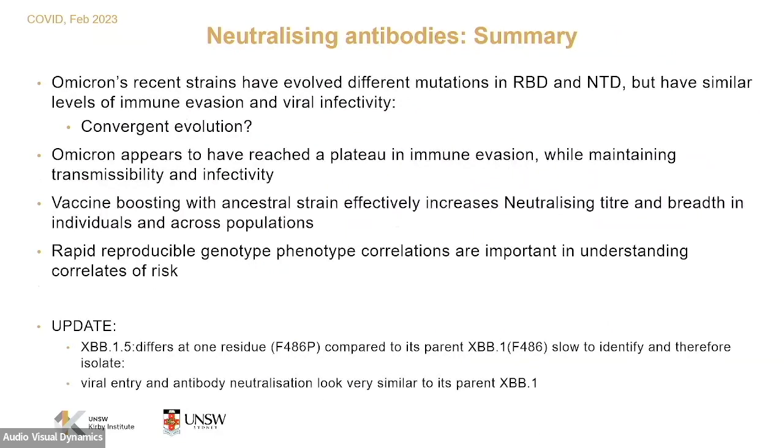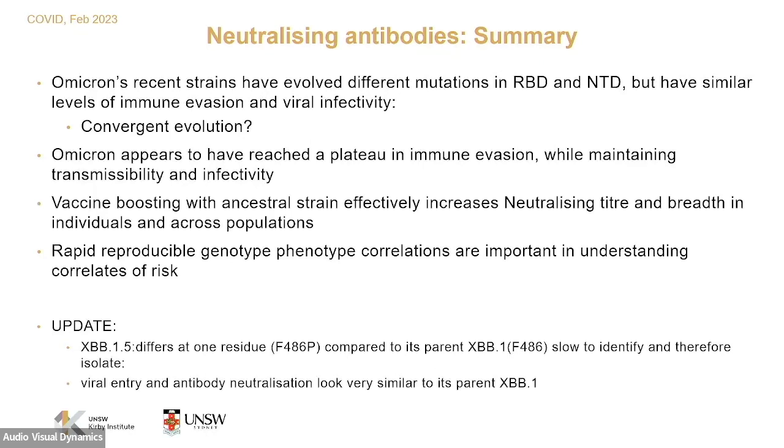So what I'd put to you is that recent Omicron strains have evolved a range of different mutations in the RBD and the N-terminal domain. They have similar levels of immune evasion and viral infectivity. And I think this is looking like convergent evolution.